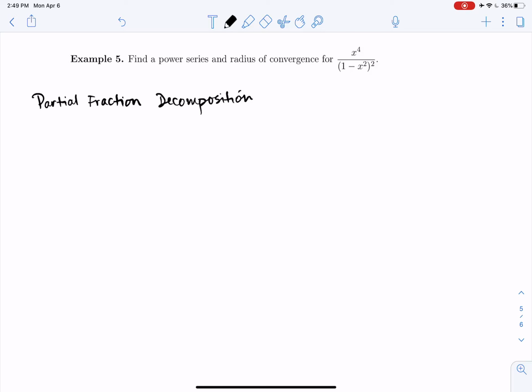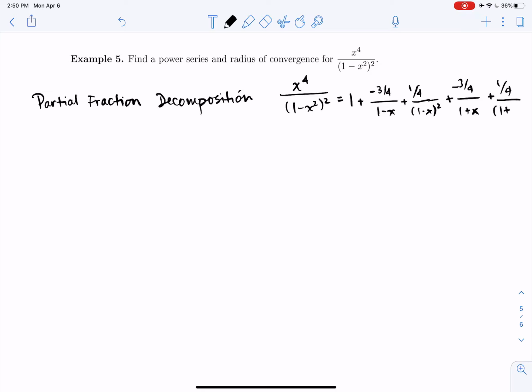I did a partial fraction decomposition for x to the fourth over (1 minus x squared) quantity squared. I ended up getting 1 plus negative 3/4 over 1 minus x, plus positive 1/4 over (1 minus x) squared, plus negative 3/4 over 1 plus x, plus 1/4 over (1 plus x) quantity squared. This took forever, and I guess you'll just see it on the solutions.